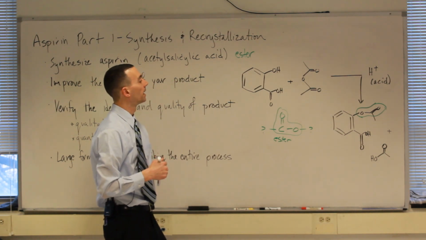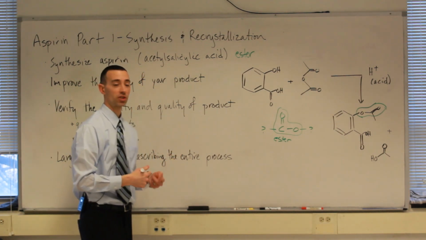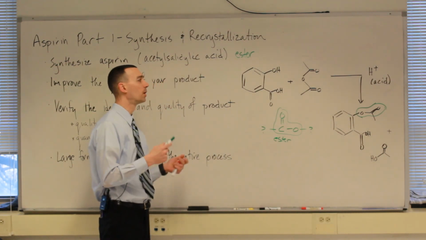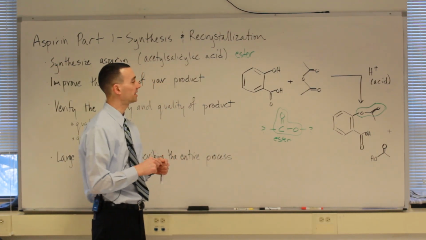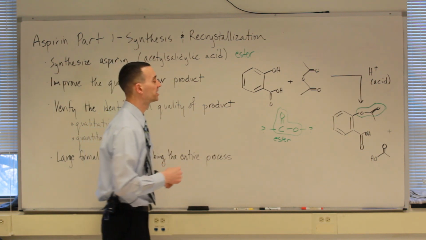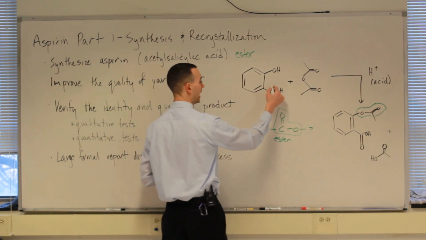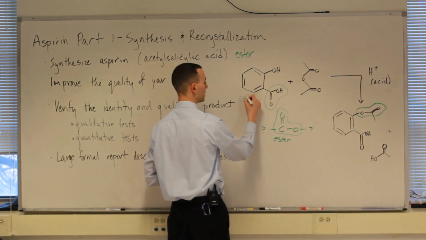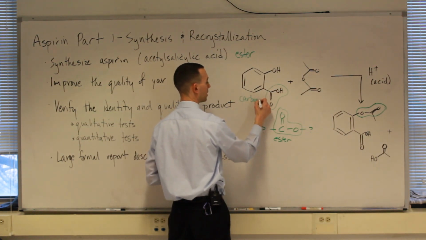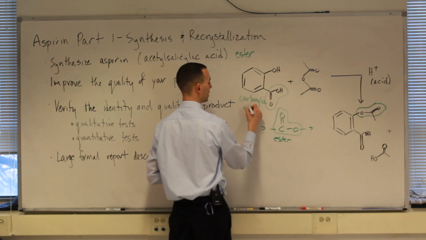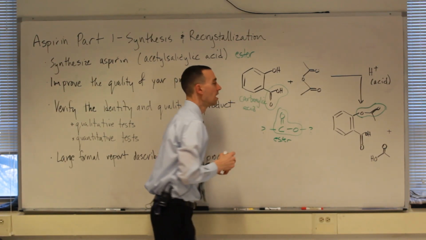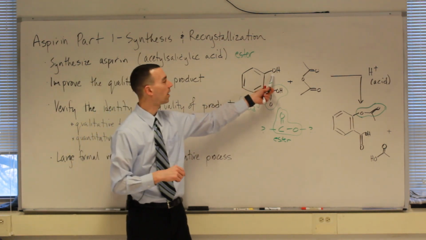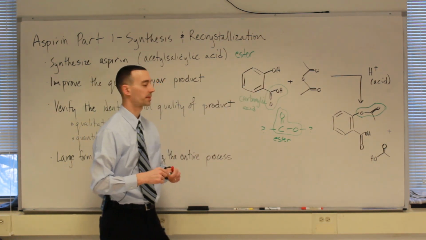Okay. Now, when we make aspirin, it's called an esterification. And one of the most commonly used processes to make an ester is to begin with a carboxylic acid. So this is a carboxylic acid. Okay. So we often begin with a carboxylic acid and an alcohol, OH, up here.